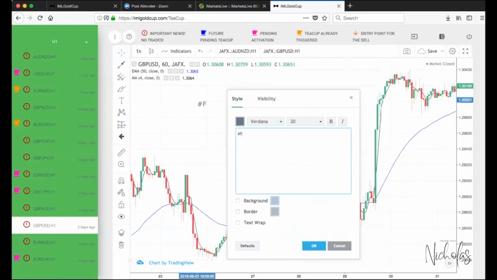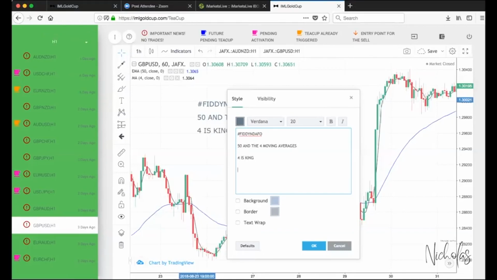Now, if you guys ever see me write this in the chat, this is just slang. 50 in the 4. It just comes off like that. What I'm talking about is the 50 and the 4 moving averages. Okay, so just remember at all times, 4 is king.